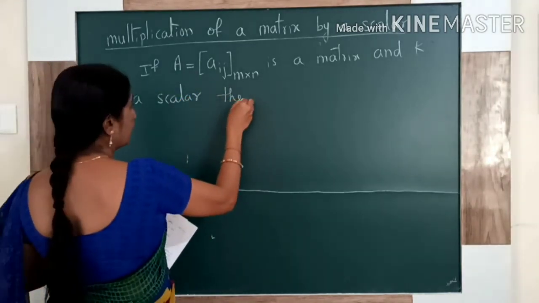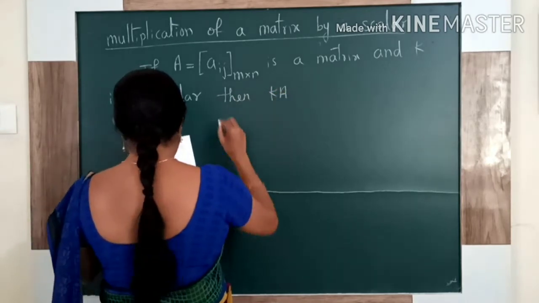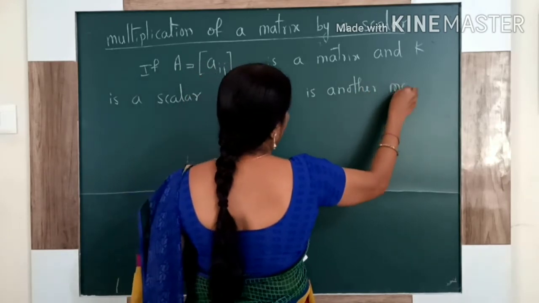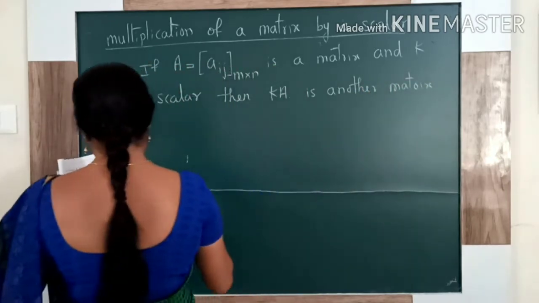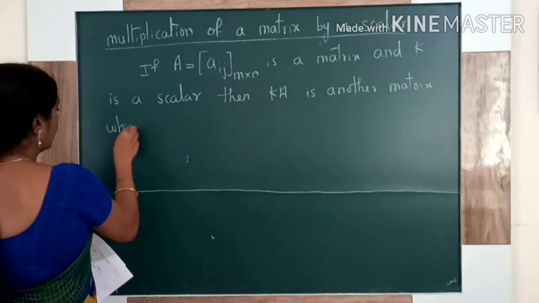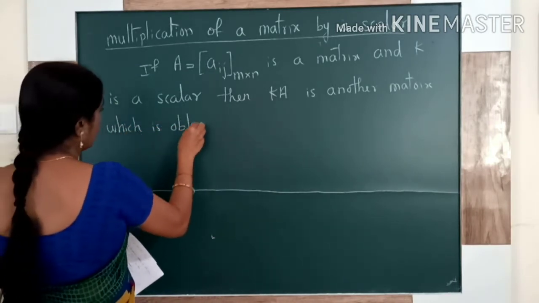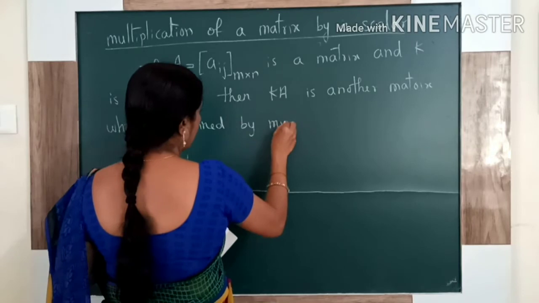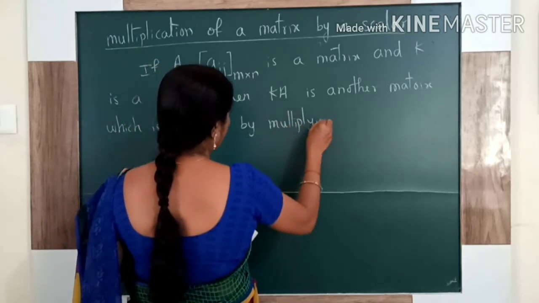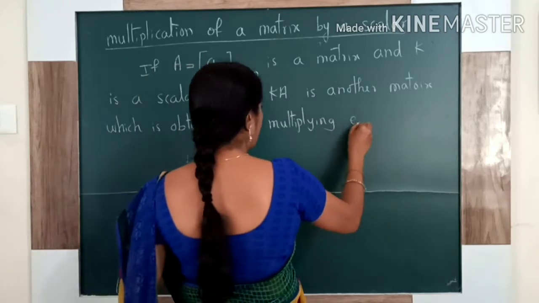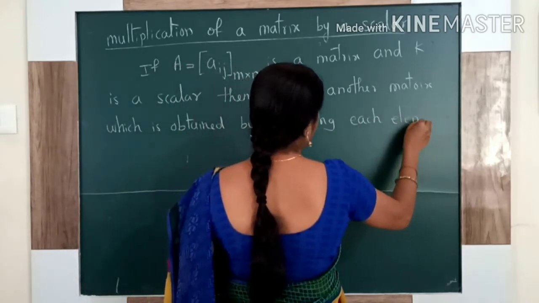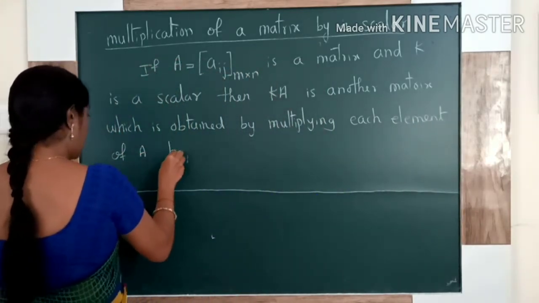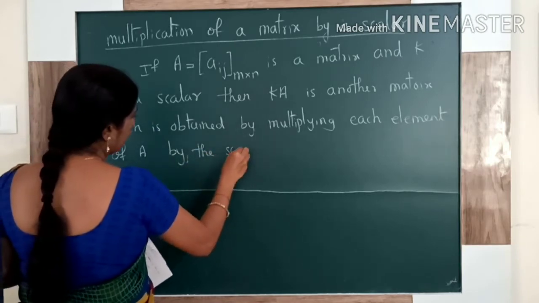Then kA, that means a matrix, is another matrix which is obtained by multiplying each element of A by the scalar k.